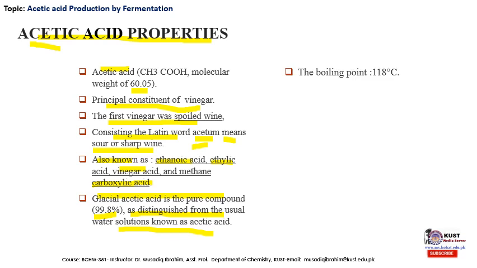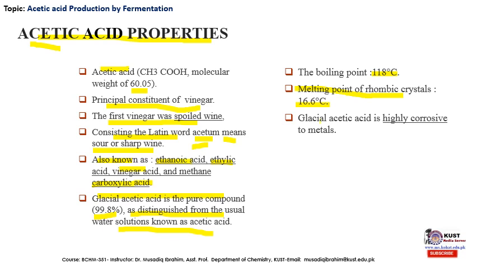The boiling point of acetic acid is 118 centigrade, and the melting point of rhombic crystals is 16.6 centigrade.